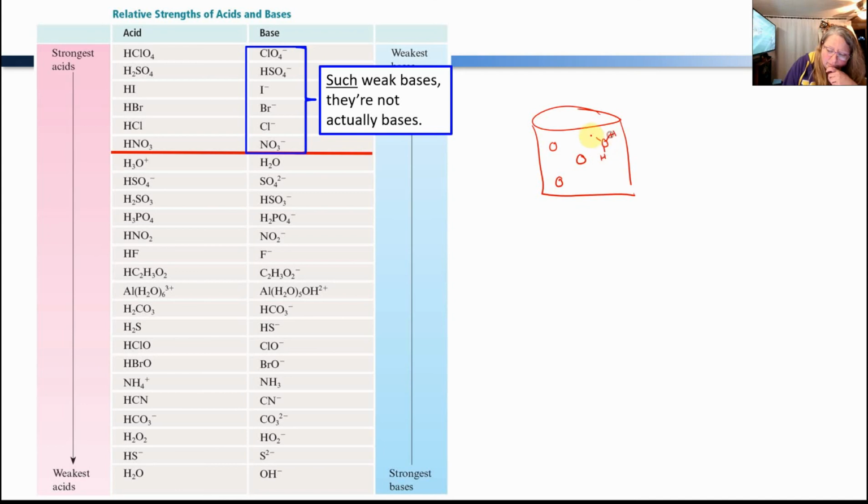So this would be Cl minus, Cl minus, Cl minus, and there's my ion, and so I'd make like 3 of those. So if I completely dissociate going one way, then that means that even though I make a conjugate base, it's not going to be a very strong base. In fact, so little of it is going to do anything. We really don't typically refer to those ions as being bases.